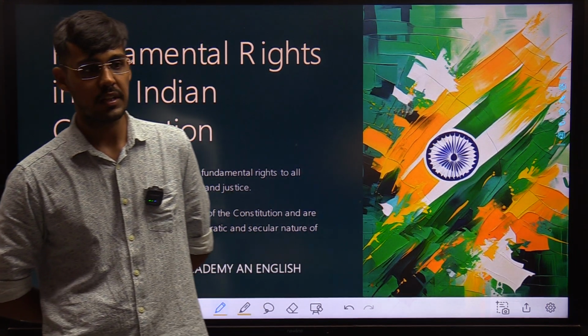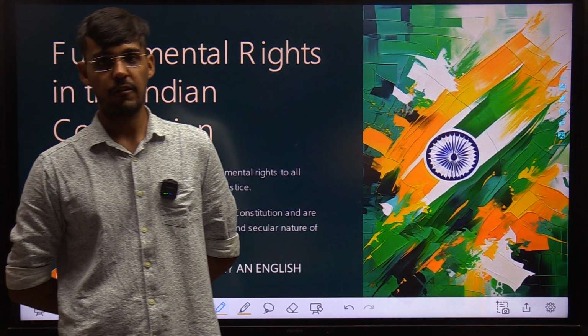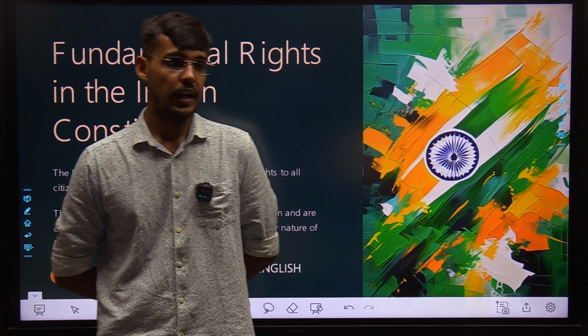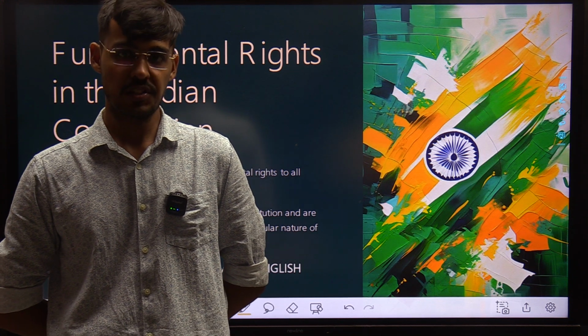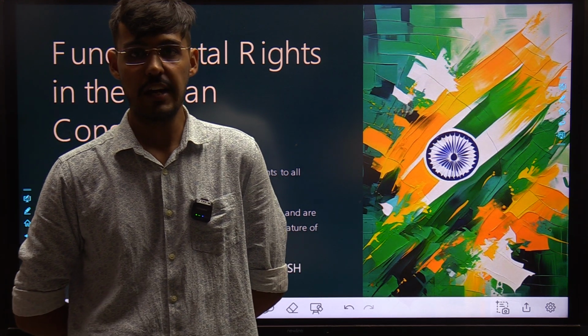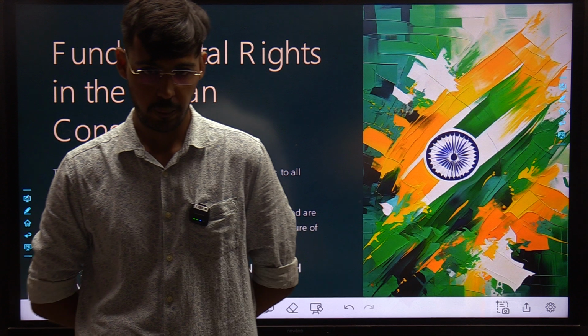Another function of the Constitution is to determine the form of government. As you all know, we follow the parliamentary form of government, which is also called the Westminster form of government, which we have adopted from the United Kingdom.